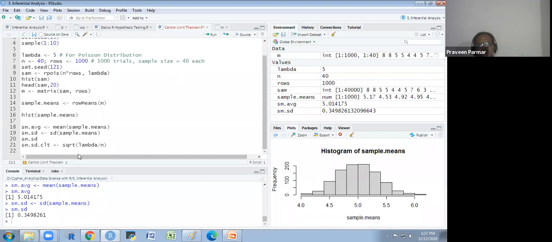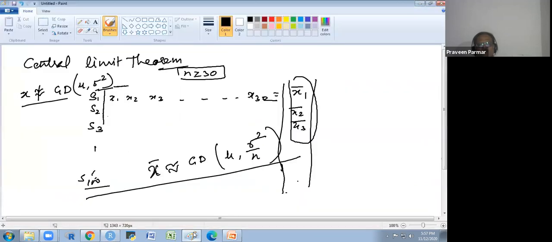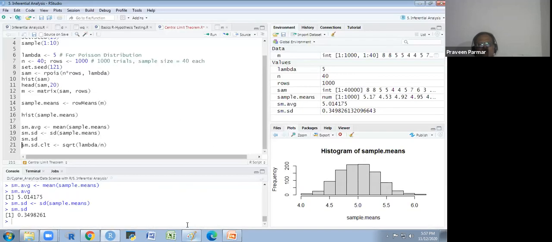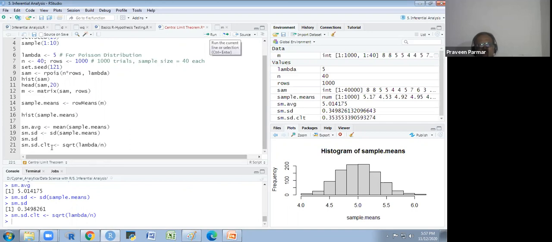And I will show you the square root of lambda over n. It is not so important, just to show you that it is 0.35, which is very near to that SD.